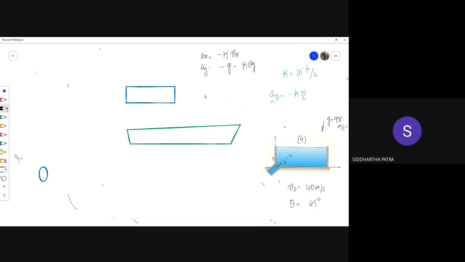So the question is, write x and y as functions of time, where the position vector is given as r.